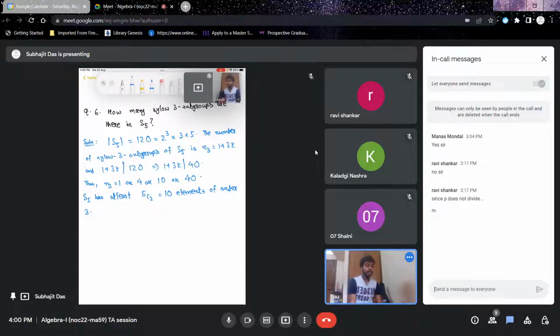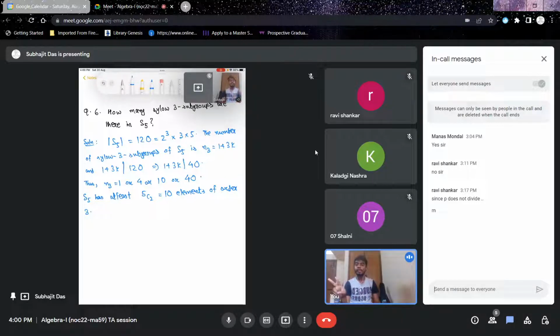Hence the number of Sylow 3 subgroups cannot be 1 or 4, right? Because any Sylow 3 subgroup contains 2 elements of order 3, and any 2 distinct Sylow 3 subgroups have to intersect trivially. Very simple to understand, right? So in other words, if there are 4 Sylow 3 subgroups of S5, then the number of elements of order 3 is precisely 8.